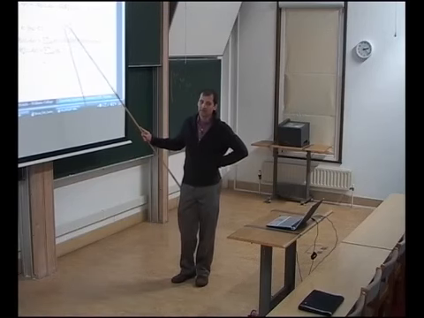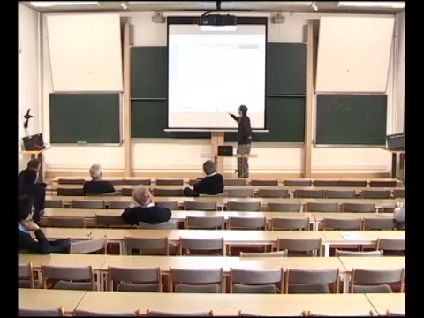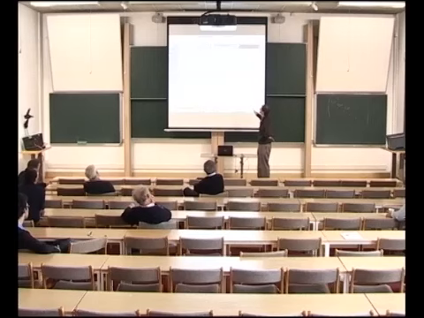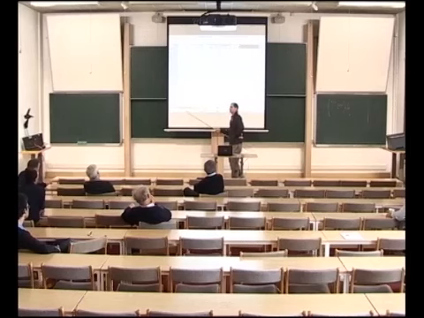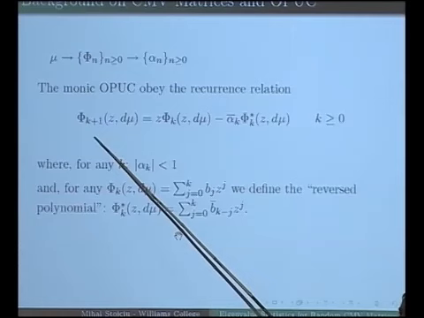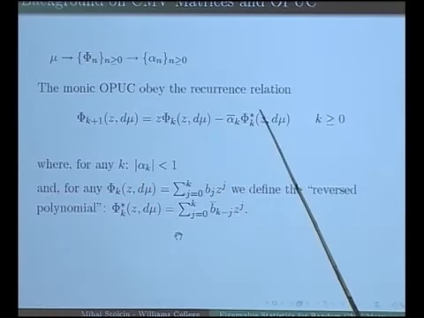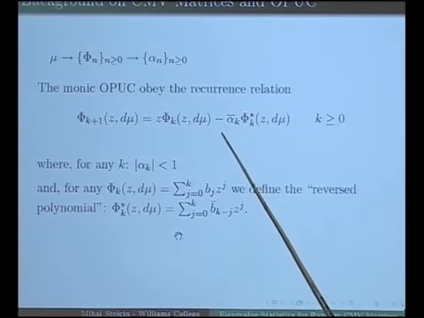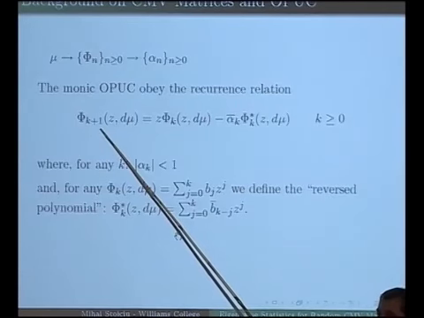If you wanted to express phi star in terms of all the phis, that would be a horrible expression, a linear combination of the orthogonal polynomials themselves. But the nice thing is that phi k plus 1 depends only on phi k and phi k star. Of course you can write this as a combination of phi 0, phi 1, phi 2, but it's nice that there's only one number here that gives phi k plus 1.